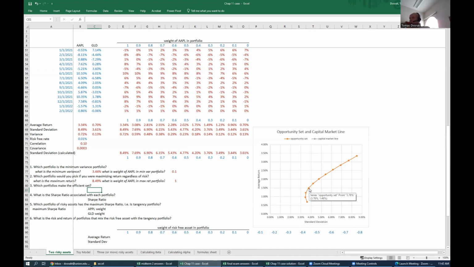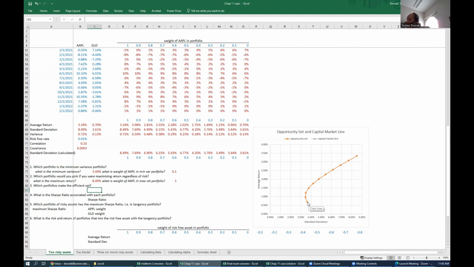Is there a feasible portfolio that has a higher return with the same amount of risk? No, that's an efficient portfolio. I can't do any better. I can get higher return, but at the cost of higher risk. So this is still an efficient portfolio. It's not the maximum return portfolio. It's not the minimum risk portfolio, but it's an efficient portfolio. I can't get any higher return for the same level of risk.